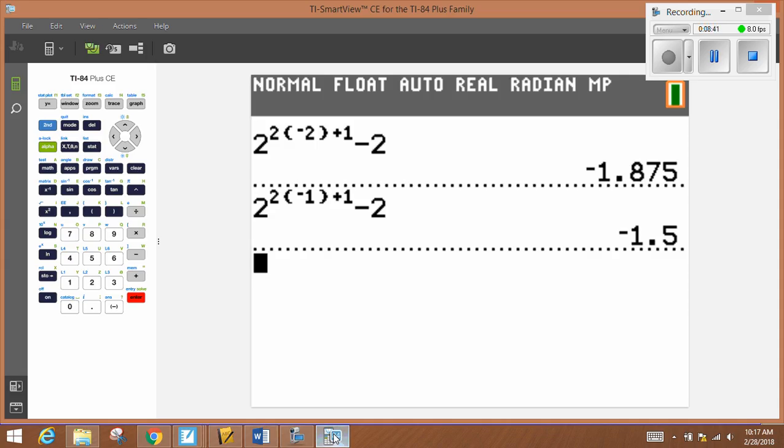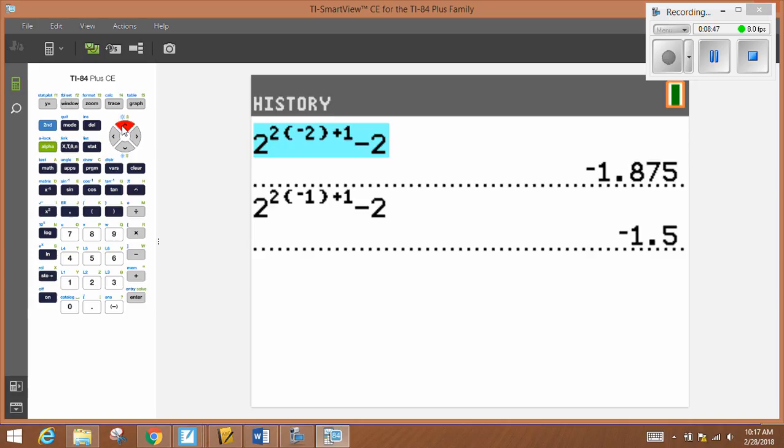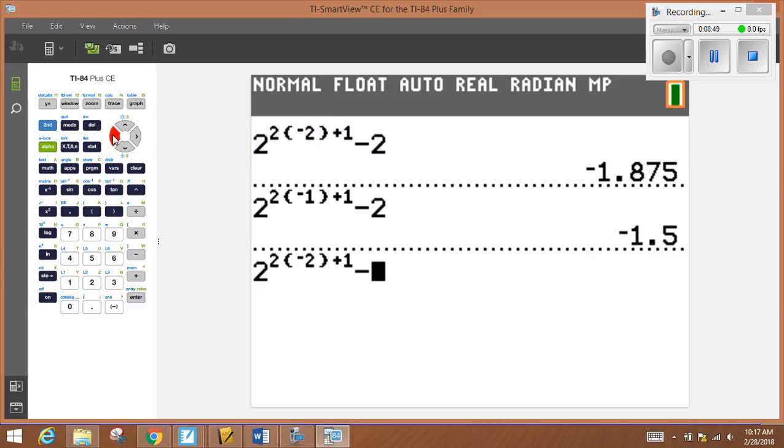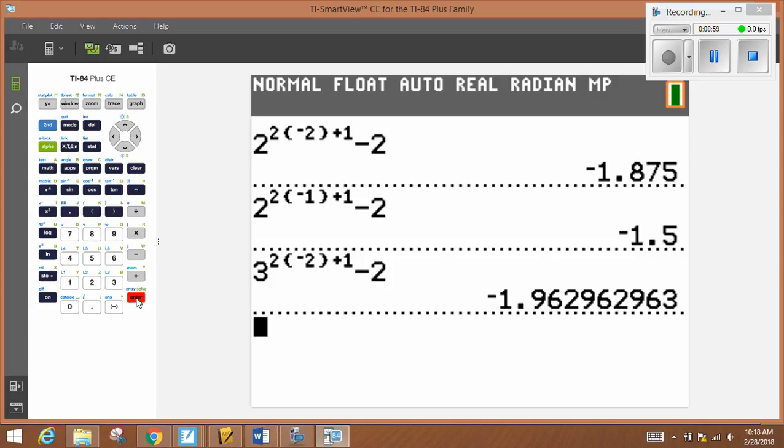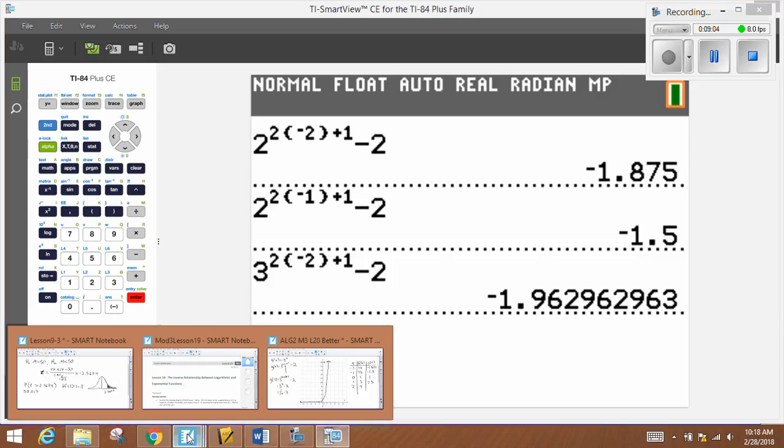Yeah. Ooh, shoot. Okay, we're going to have to change that. Thank you. Oh my goodness, it's supposed to be a 2. Negative 1.963. Gotta change that.